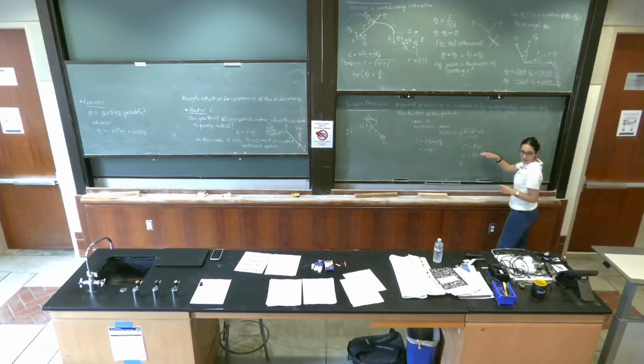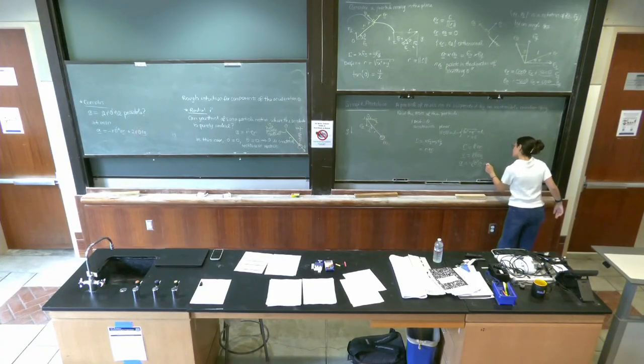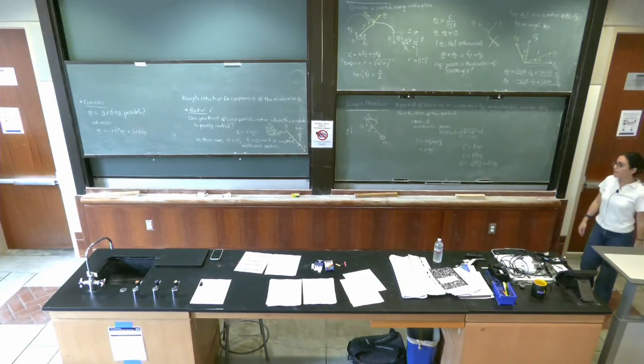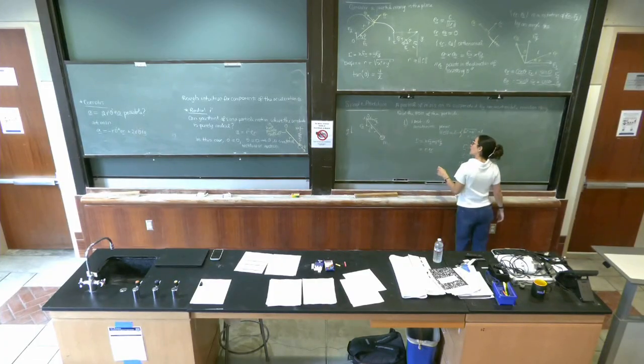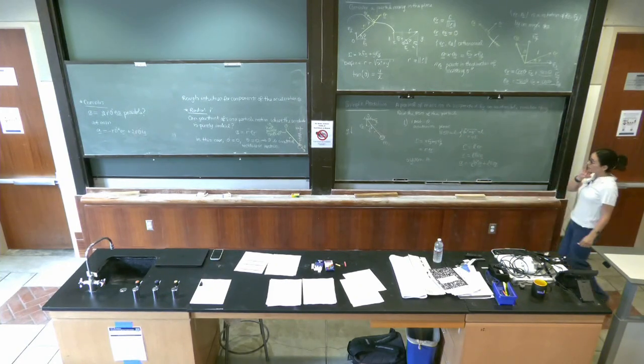So I'm taking the derivatives. a is minus L theta dot squared ER plus L theta double dot E theta. Okay, so this is step 1. And the system is going to be M. I promise I'm usually neater, but I'm running out of board space today.